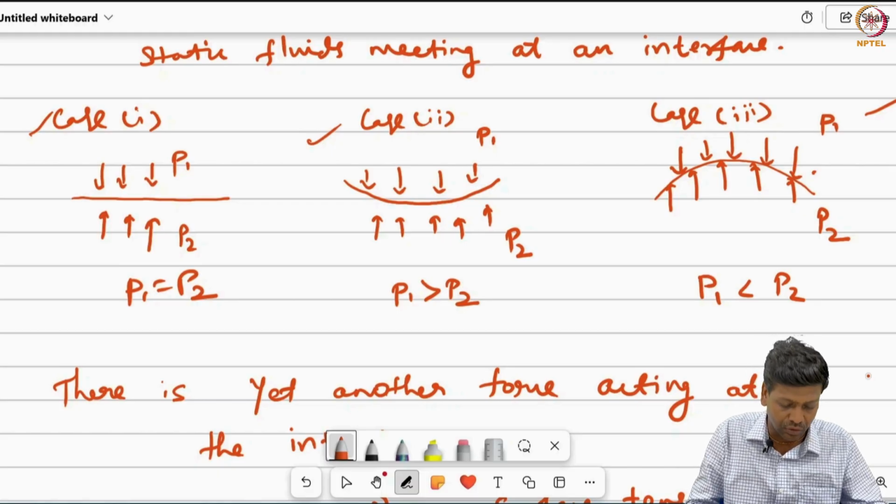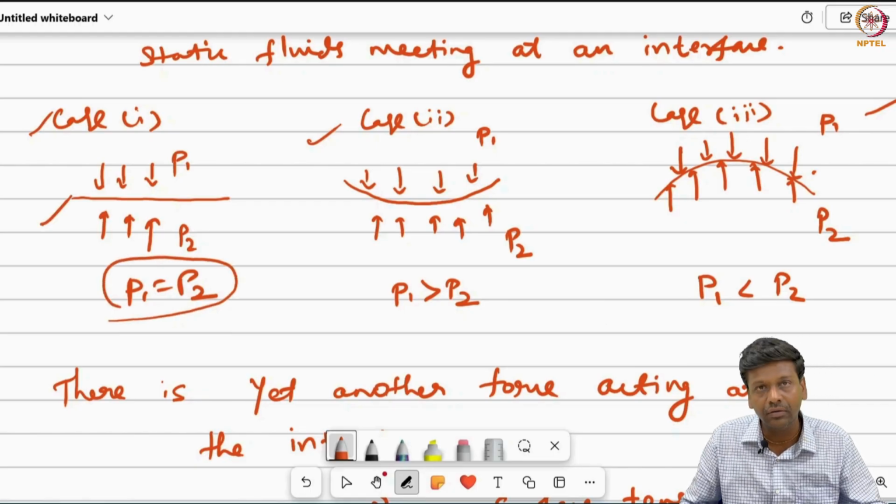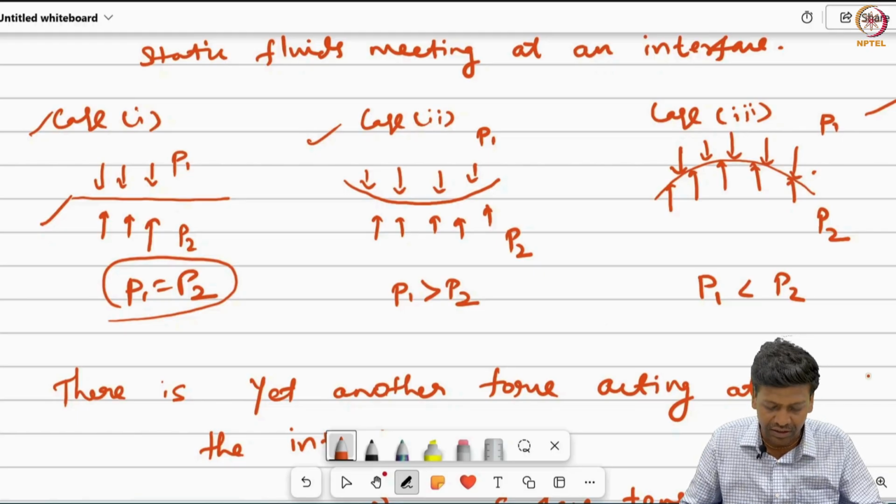In such a scenario, one would expect a flat interface, right? Because the pressure effect is eliminated, as the pressure acting on both sides is equal. So we can say that this is mostly applicable in the flat interface case.